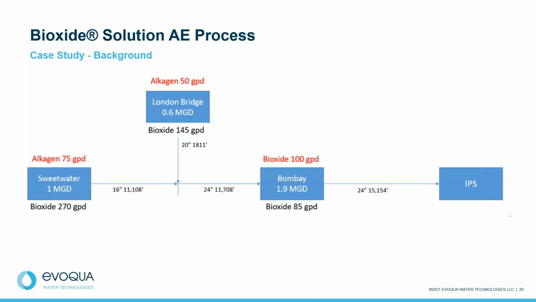So we suggested feeding Alkagen at the preceding lift stations at Sweetwater and London Bridge to elevate the pH, and then feeding bauxite at the Bombay lift station to remove the sulfides altogether, in the hopes of giving them better sulfide control with less chemical use overall.